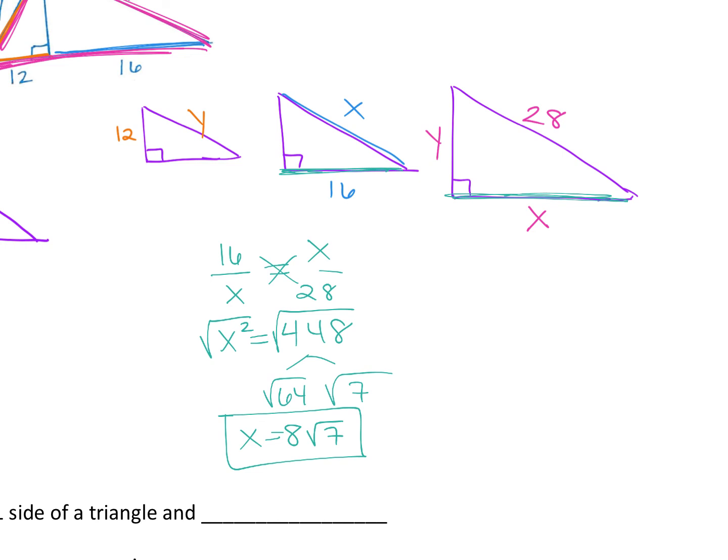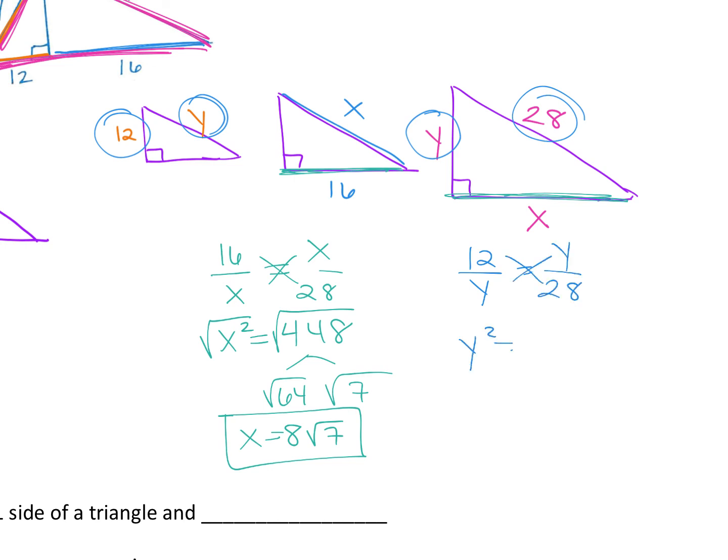What did you do for Y? 12 over Y equals Y over 28. Yep, shorter leg over shorter leg equals hypotenuse over hypotenuse. Okay, and then cross multiply. So Y squared equals 336.